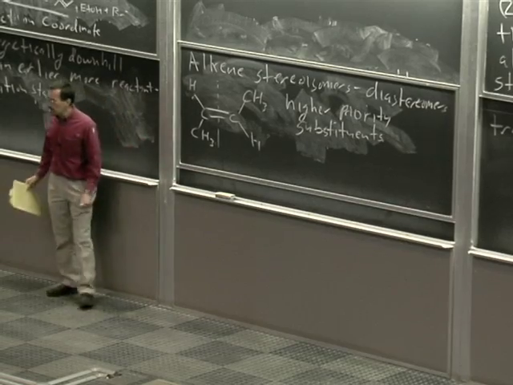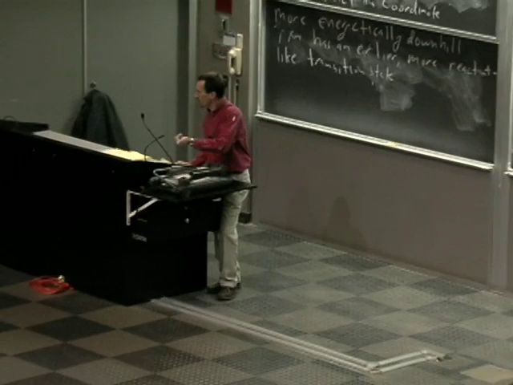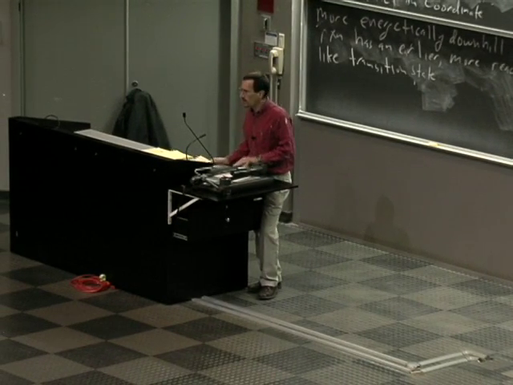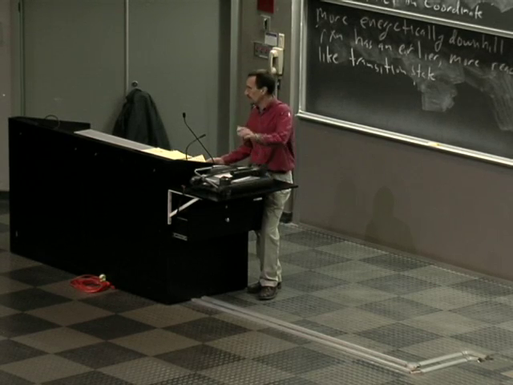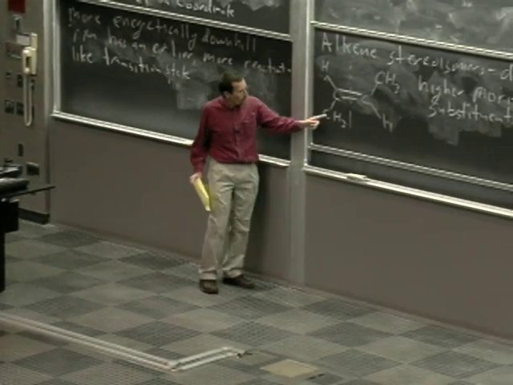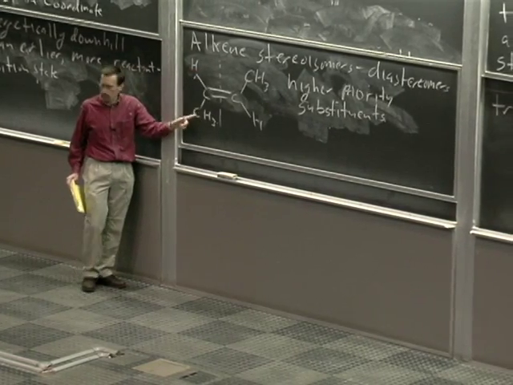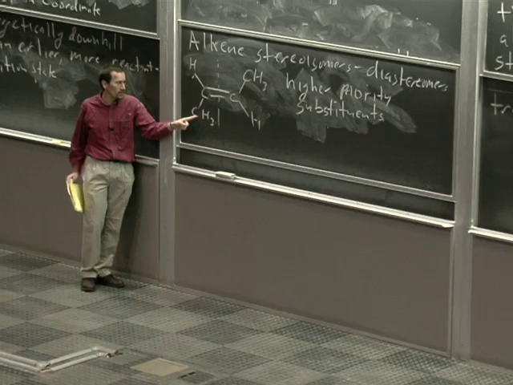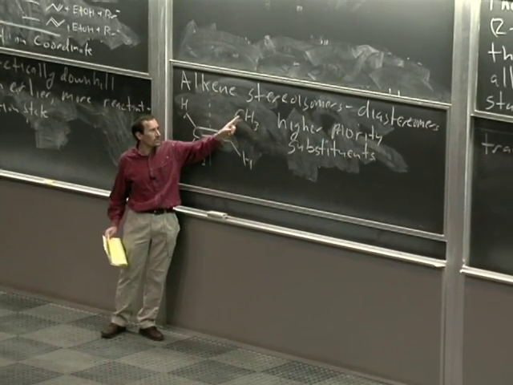The higher priority substituent is a substituent first and foremost with a higher atomic number. We did this in R and S stereochemistry, in Cahn-Ingold-Prelog stereochemistry. And then if you have to, you start to look at the substituents one over and branching. But here it's easy. We have a carbon and a hydrogen. Carbon's a higher atomic number, so we have a higher priority substituent here. And then over here, a carbon and a hydrogen, higher priority substituent here.